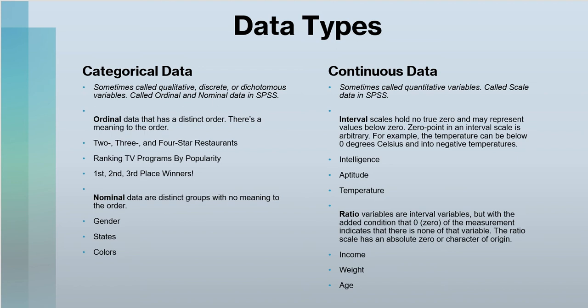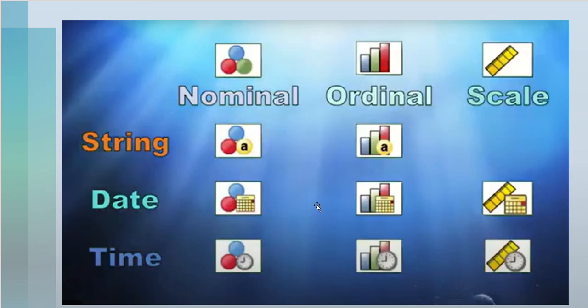Okay, so in SPSS, these types of data are designated by certain symbols. The nominal data have the little bubbles, and the ordinal data has the little bar charts, and then the scale data, that's actually a histogram, but we'll talk about histograms and bar charts and the differences later.